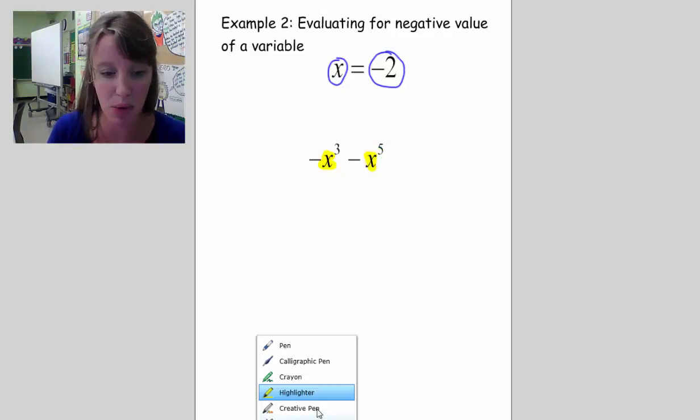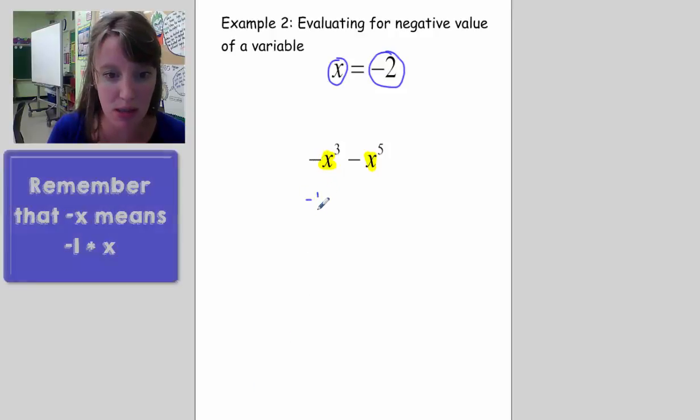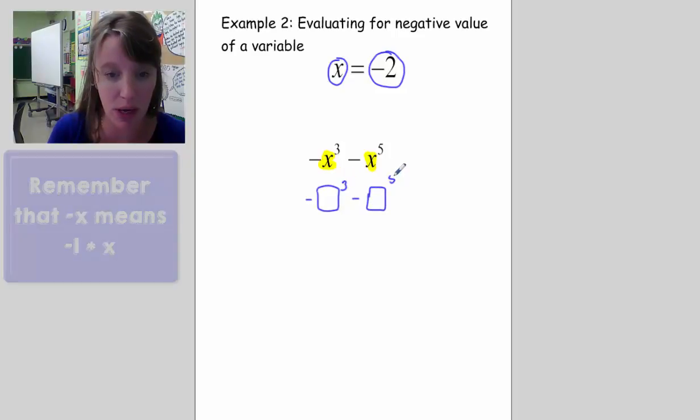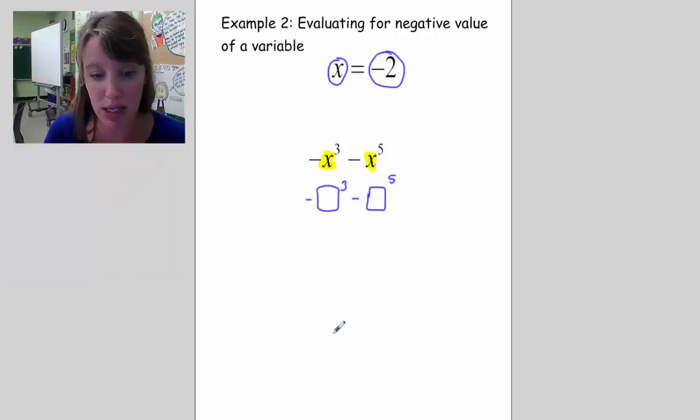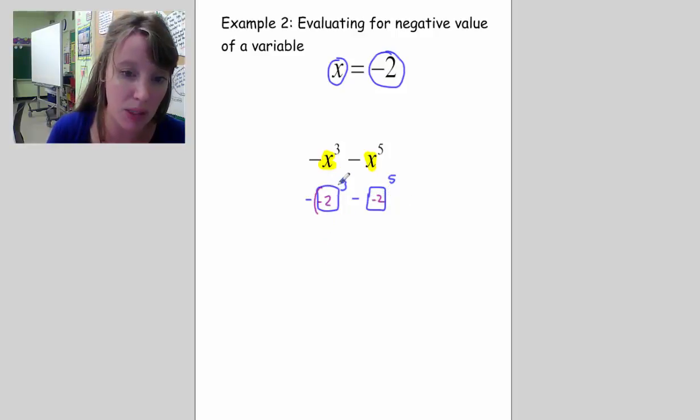Essentially, these are the blanks where our x's are. In these spots right here, we are going to place in -2. So let's put parentheses around it. We have -2 to the third power.